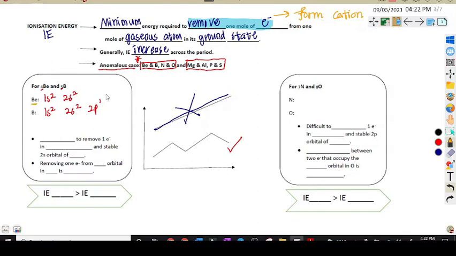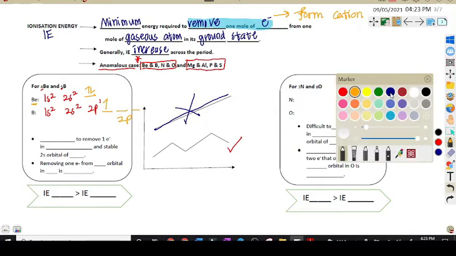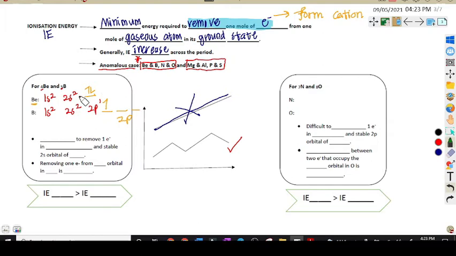We notice that for beryllium, the valence shell consists of 2s2, but for boron, it would be 2p1. Remember back in chapter 2, this is the s orbital, so we say that this one is fully filled, whereas the 2p is only partially filled with 1 electron.